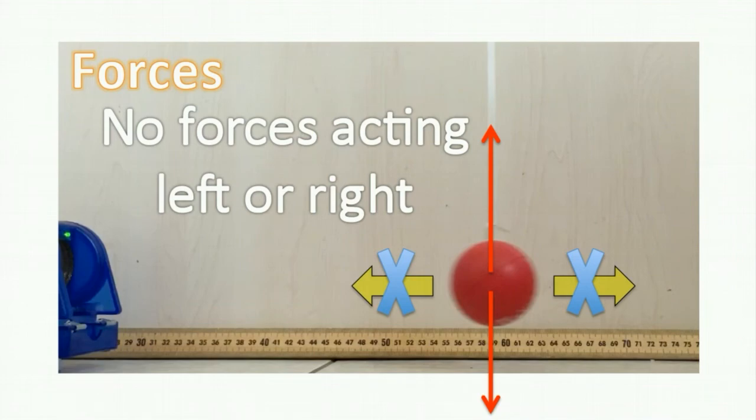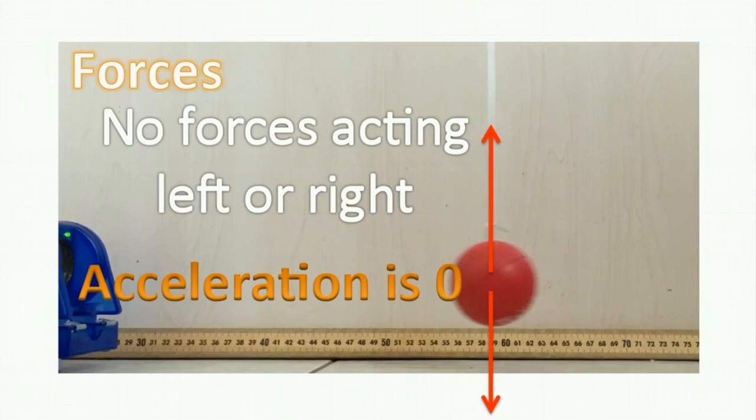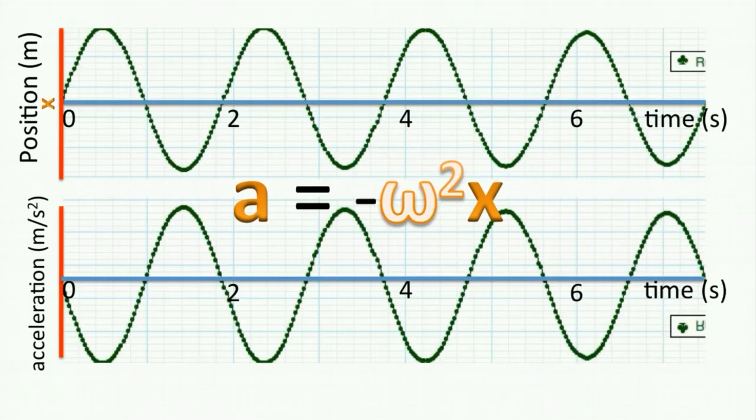Notice there are no forces acting left or right. And so because there are no forces acting left or right, then the acceleration is 0 in the left or right direction. And so indeed, this idea that acceleration is the negative of position seems to make sense.